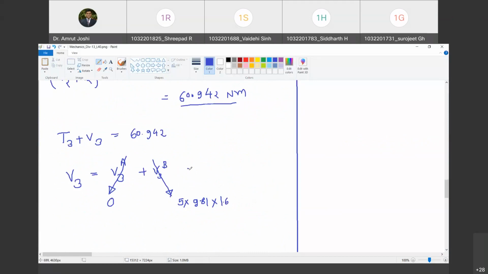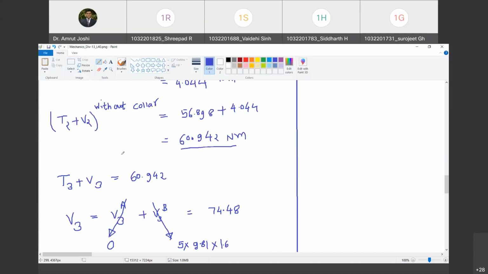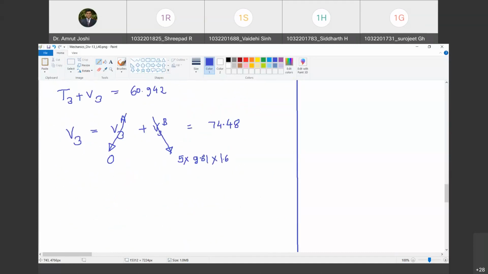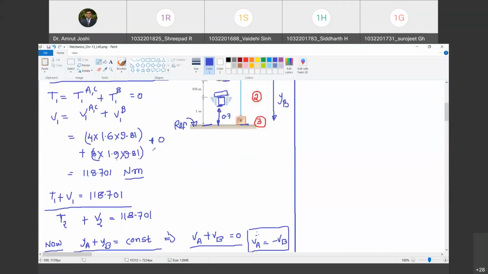So what is the value of V3? Let us quickly calculate. The value of V3 turns out to be 5 into 9.81 into 1.6, which is 74.48. Have we made a mistake somewhere? 5 into 9.81 into 1.6, that's correct.